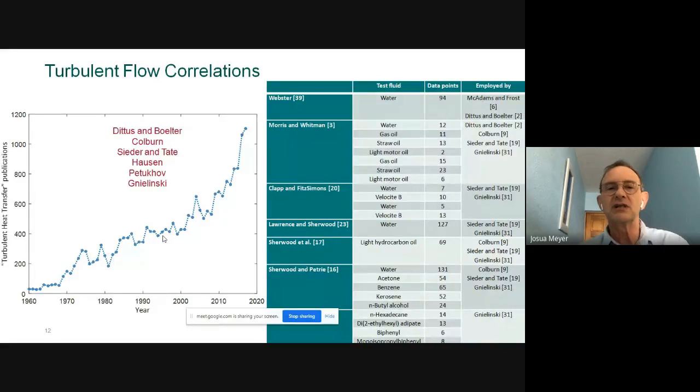Which is a little bit problematic because these days, you know, we are not really that satisfied if we can develop correlations with errors of about 30%. These days, we would like to move towards at least 20% and preferably less than 10%.